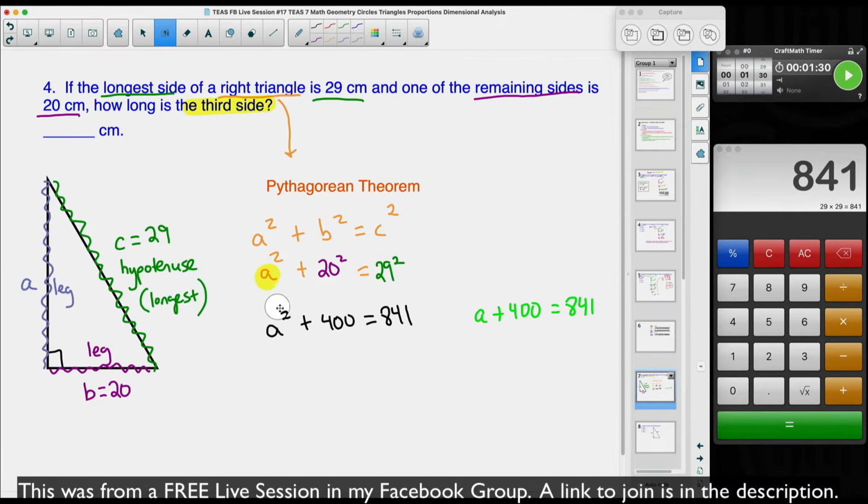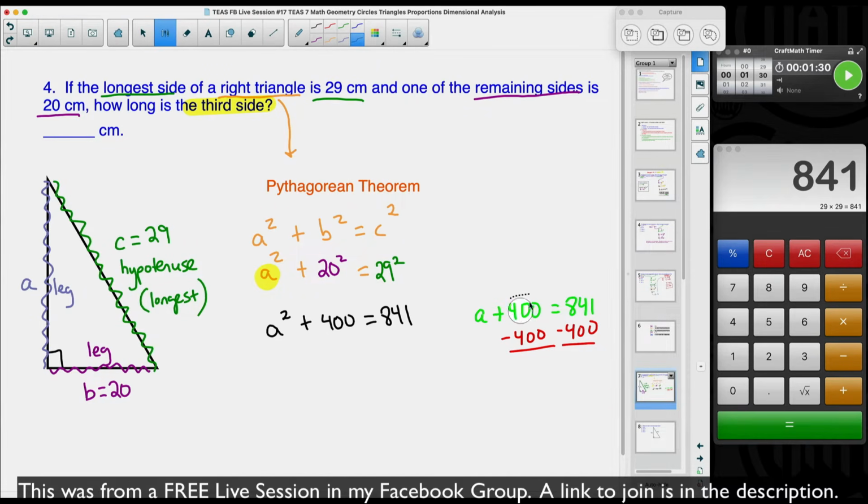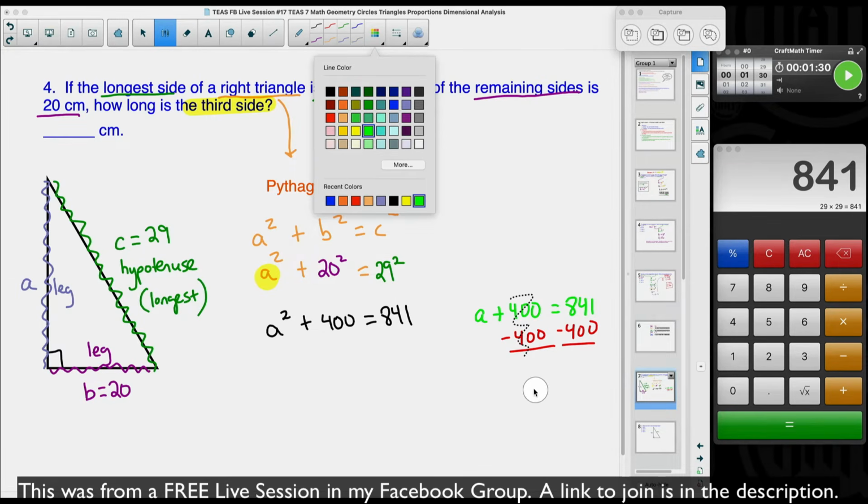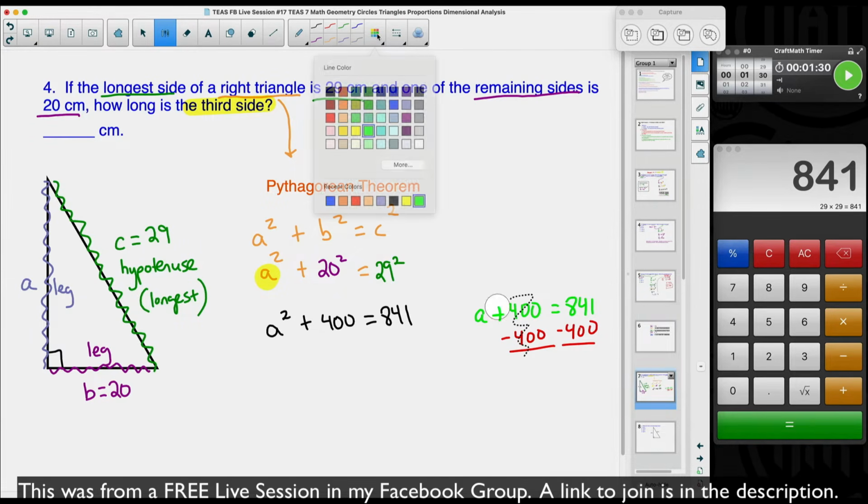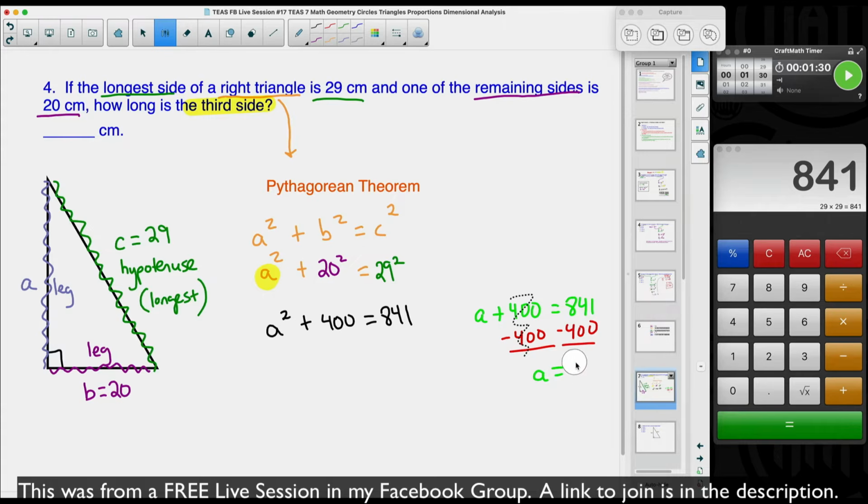Let me just take away that squared for a second. If it was A plus 400, the only thing you would have to do to solve this equation is subtract 400 from both sides. That's all we would do here. We would subtract that 400 from both sides, and in this particular case, A equals 441.